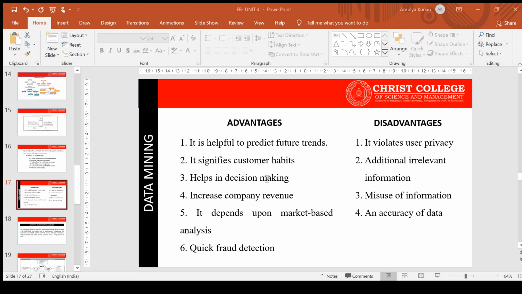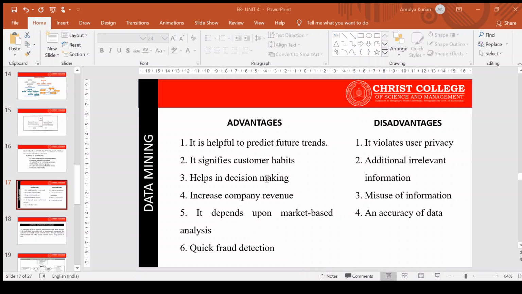Next one, increase company revenue. As people can collect information about the marketed products online, it can eventually reduce the cost of the product and their service. Next one, it depends upon market-based analysis.